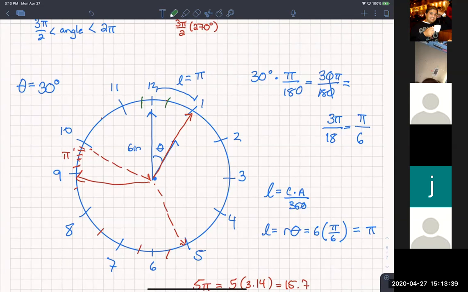The arc measure is the measure of the curvature of the arc, in degrees. The arc length is radius times angle in radians. If you know the radius, you can find the angle in radians, and then convert it into degrees if you'd like.